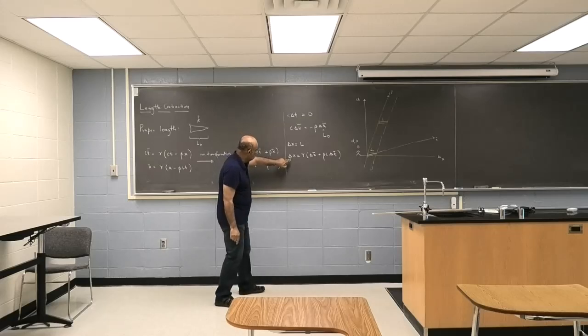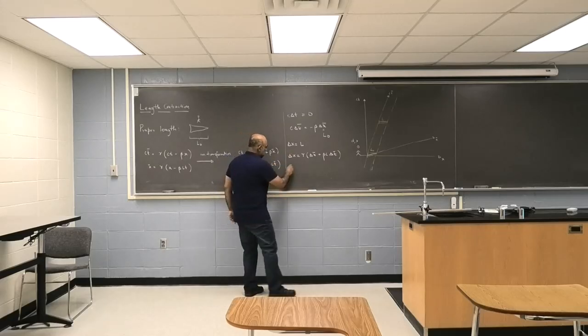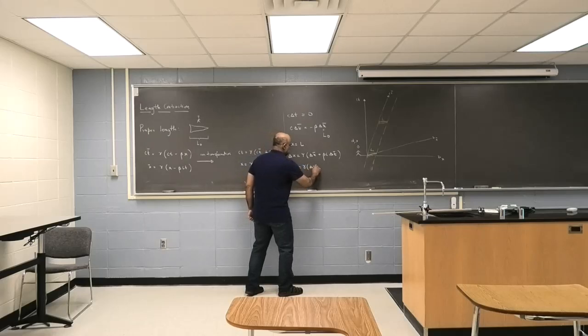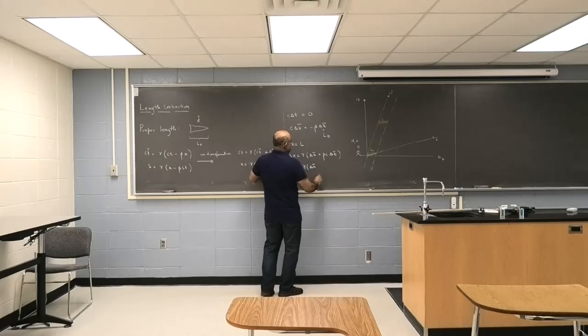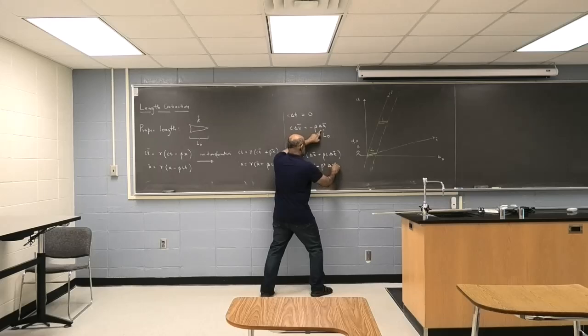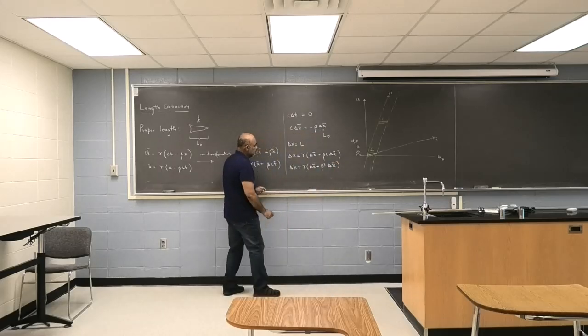So let me do one more step. Delta x equals gamma delta x bar, and c delta t bar, I'm going to replace with that, so I'm going to get minus beta squared delta x bar.